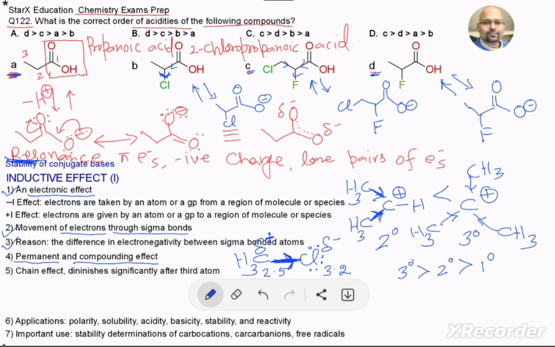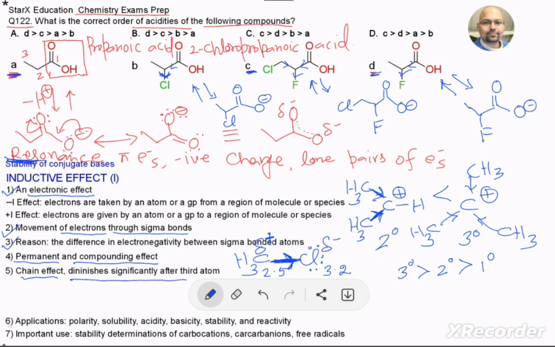Therefore, the effect of electronegativity in compound C is the greatest. Now, compound D has only one electron withdrawing group. So this effect significantly diminishes when there are more than 3 atoms, and therefore it's a chain effect. It gradually decreases as the distance between the more electronegative atom and the less electronegative atom increases.